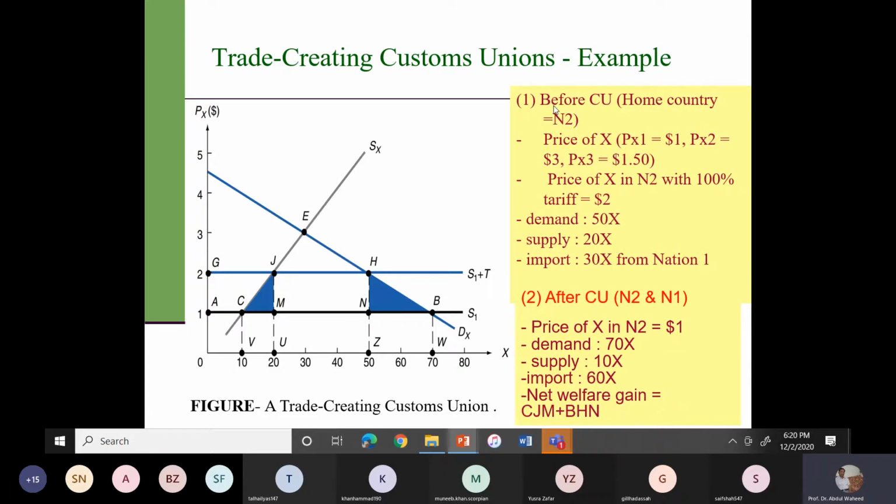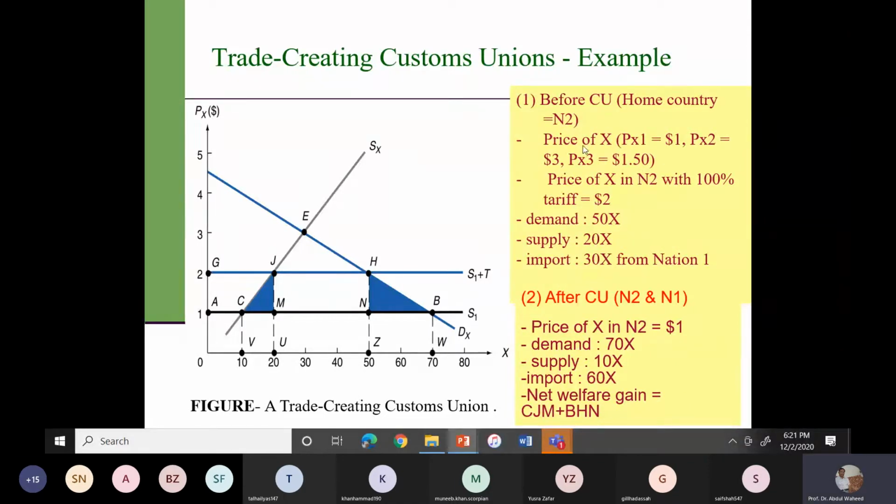Now look at this example. Before formation of the customs union, the home country is nation 2. So this is the graph for nation 2: demand for X, and this is the supply of X in nation 2. On the vertical axis we have the price of X in dollars, and this is the commodity X. So this is a partial equilibrium analysis.